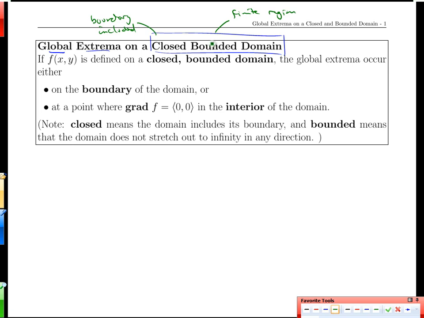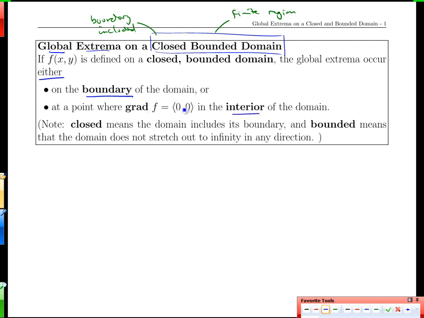With those two properties, we'll be able to come up with a very nice statement about where a global max or min occurs. And here it is right now. If we have a function defined on this kind of domain, so a finite region with the boundaries included, then there will be global extrema, and they will occur in one of two places: on the boundary of the domain, so on the edges, or in the interior.